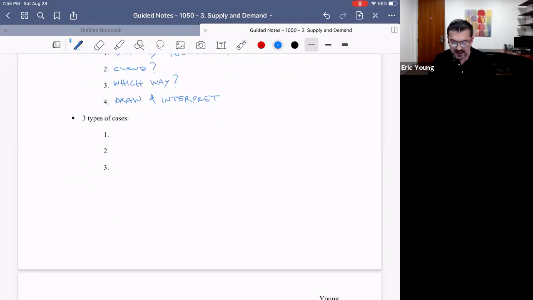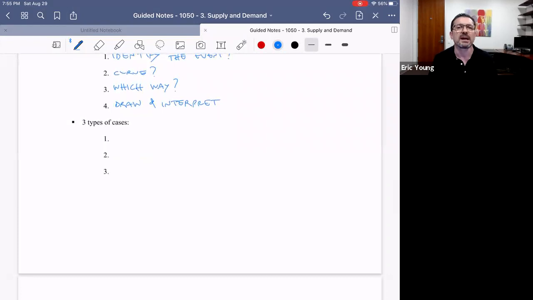As we do this analysis, we're gonna have three really distinct types of cases to analyze, okay? So those three cases briefly, the first one will be a simple one curve shift. The simplest type of event to analyze is where only one curve changes, either supply or demand, and the other one stays constant. Really easy way to start.